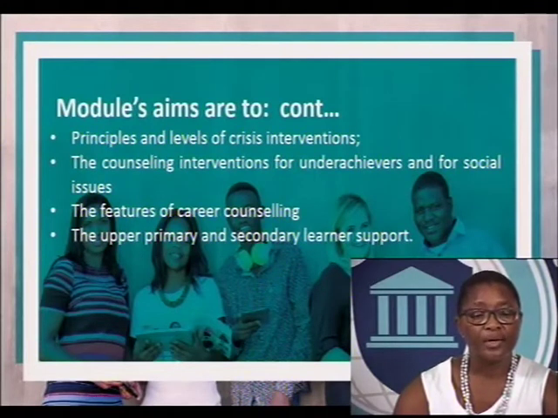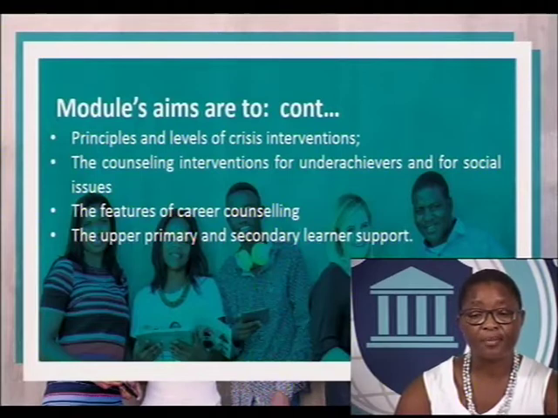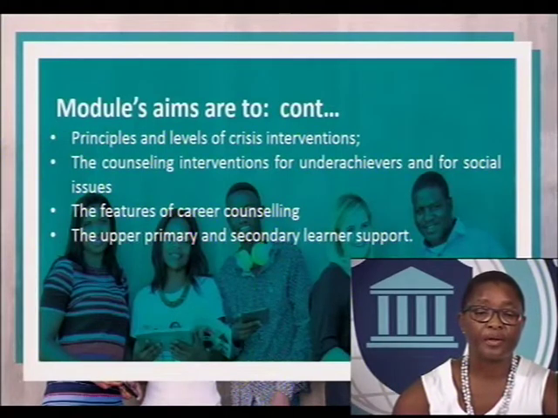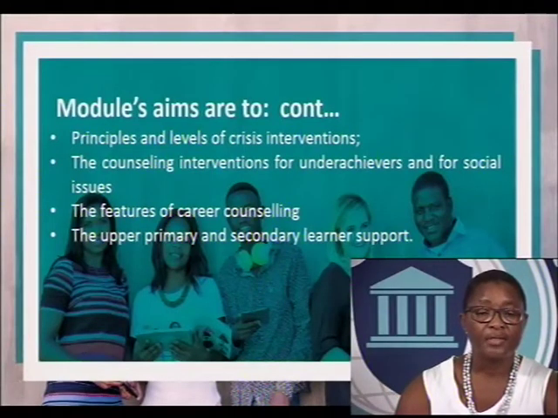We also look at the features of career counseling and the upper primary and secondary learner support. Those are the aims of our module. In short, it is a summing up of the different units we have in our module.